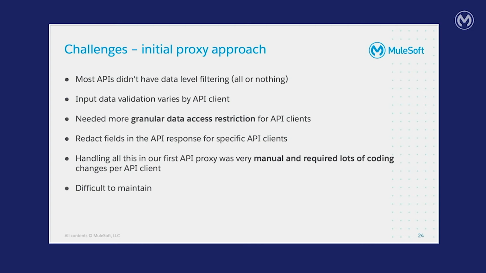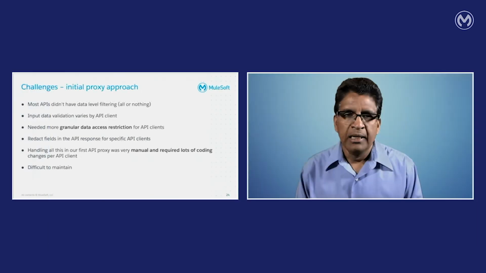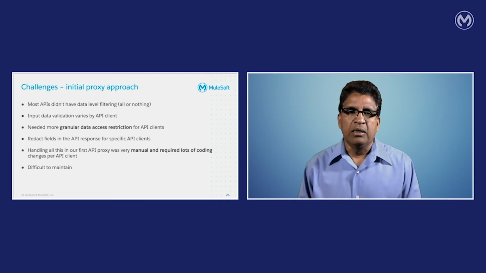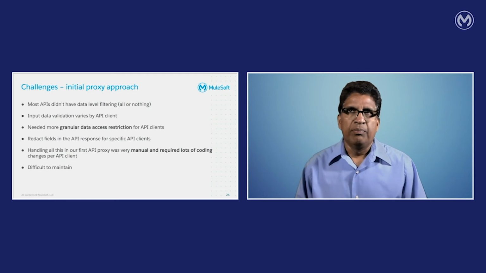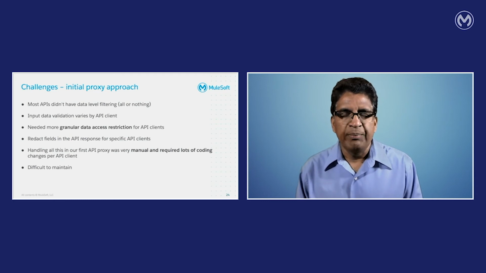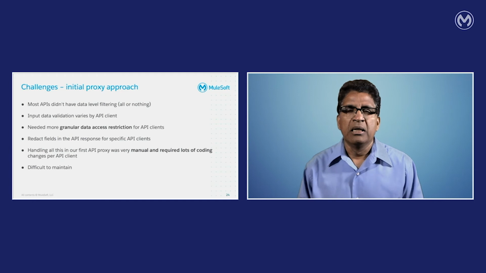Since we included everything within the flow, it became more challenging for us to add any new requirement or make any changes to the flow itself when a new application wants to use these APIs. That really limited us. It took a long time for us to make changes, and the applications that want to use these APIs were not happy because it was taking more time for us to make any changes.